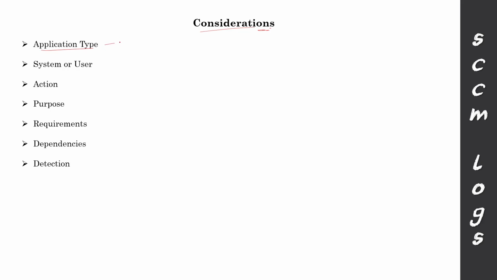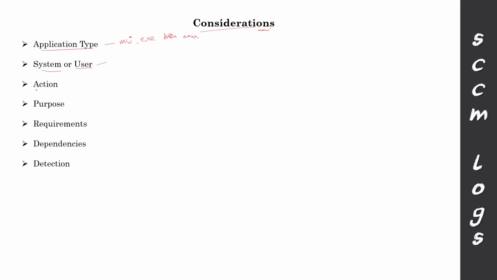You can say it is an MSI application, an EXE application, an AppX application, or an MSIX application, something like that. Okay. So first of all, we need to decide which application type we are going to deploy. Okay. So next, system or user. To whom are you deploying, to system or the user? We need to consider this.